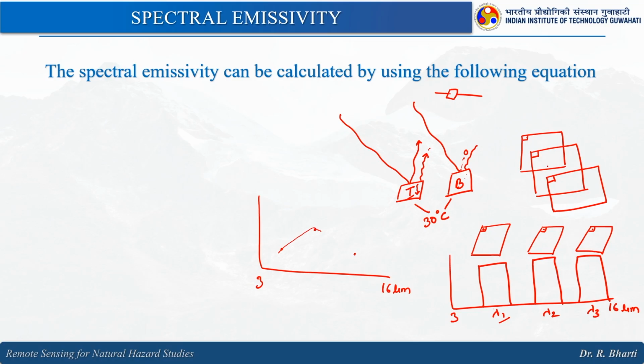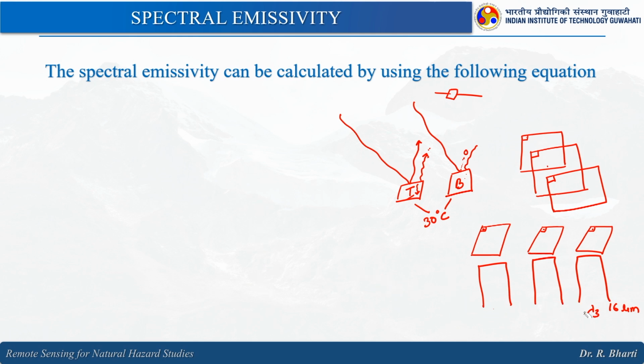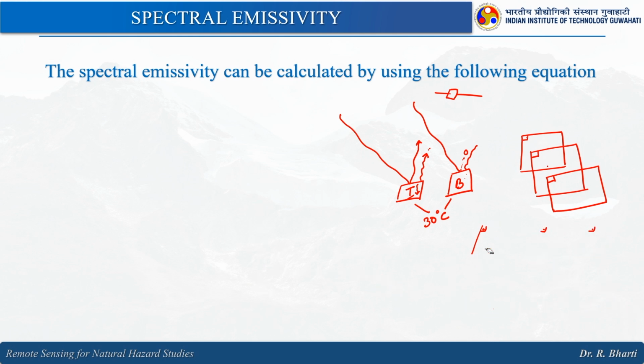So, this particular information is called the spectral emissivity. Emissivity is a property of the material, how much it emits with respect to black body at the same temperature, and when we consider different wavelengths to measure the radiant energy and calculate the emissivity, we call it spectral emissivity. I hope this is clear.